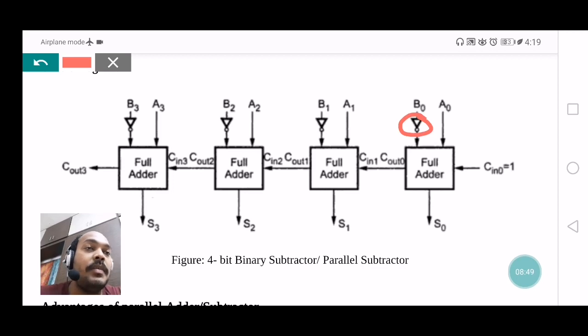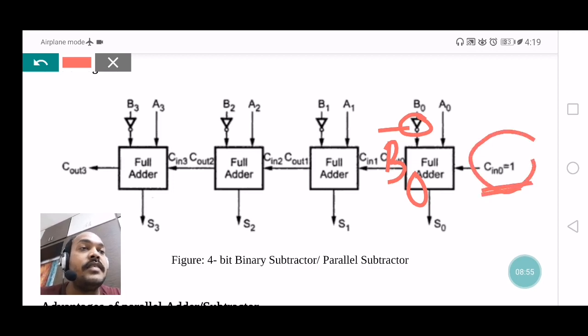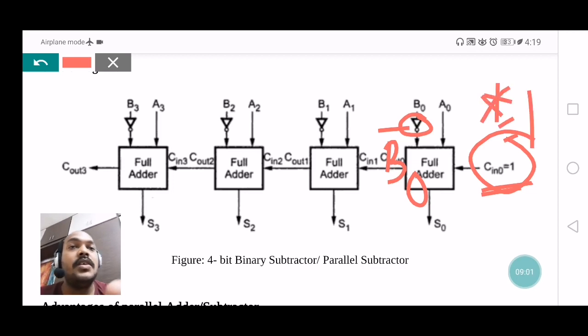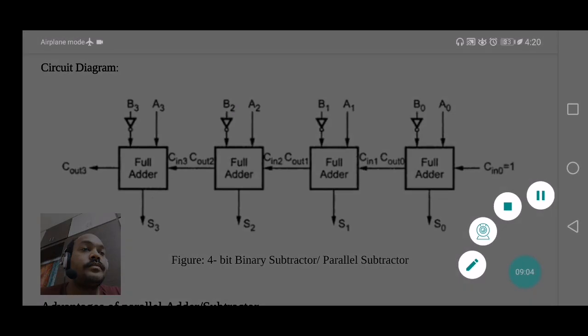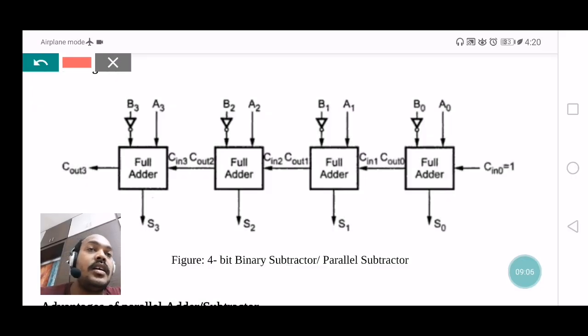Now what happened here? B0 is inverted as B0 bar, and in this circuit C0 is very important. We always consider the value of C0 as 1 only. Why? Because this particular circuit is supposed to perform the subtraction operation using the 2's complement method.